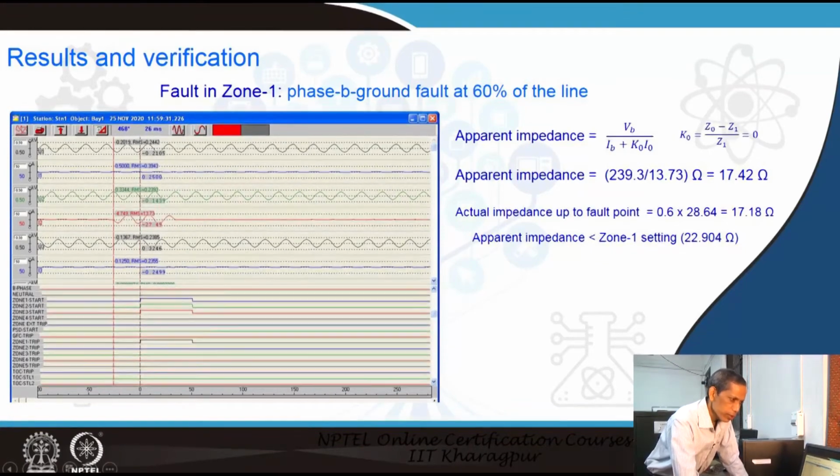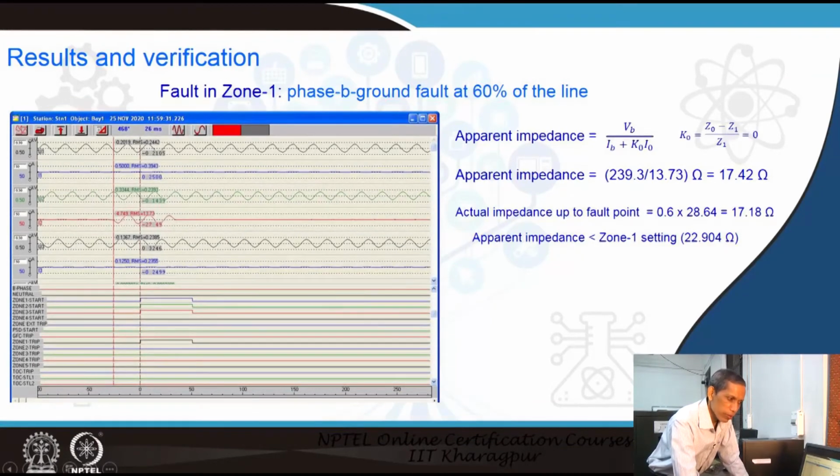Using that relation, the apparent impedance here happens to be the corresponding voltage, 239.3, upon the corresponding current, which happens to be 13.73, and this gives you 17.42 ohm. But the actual impedance up to the fault, as we have created it at 60% of the line, 0.6 times the line impedance of 28.64, happens to be 17.18 ohm.